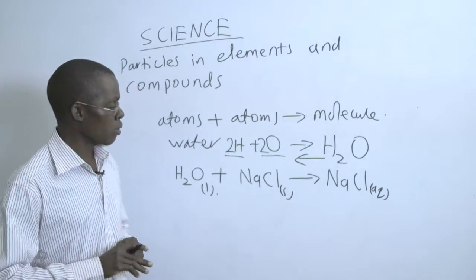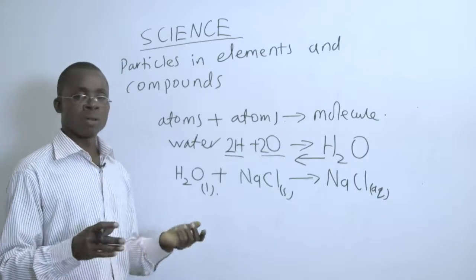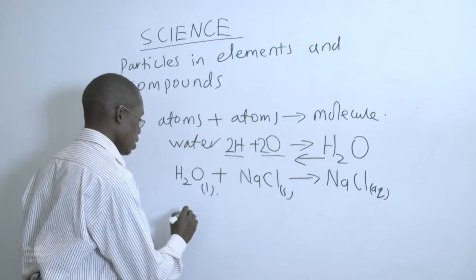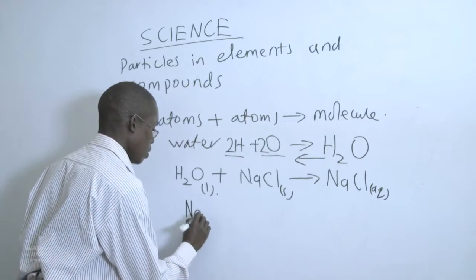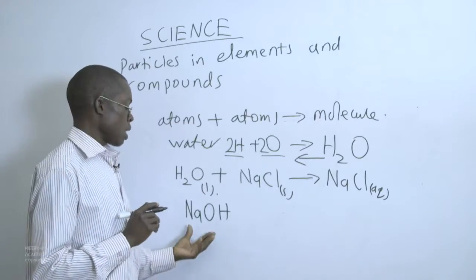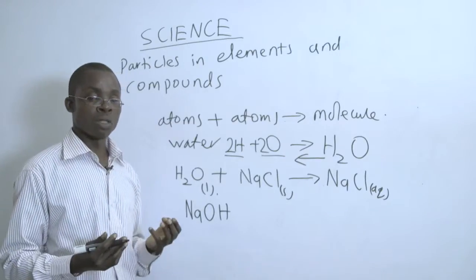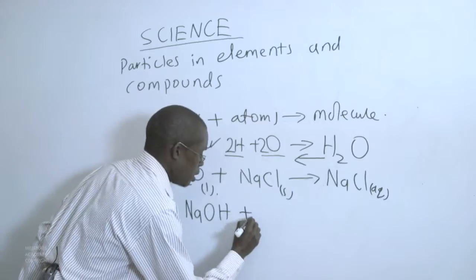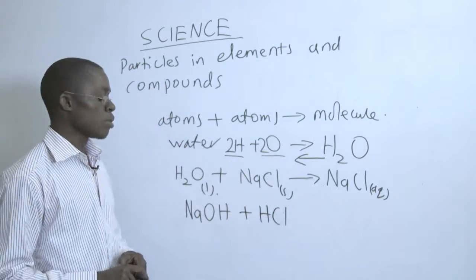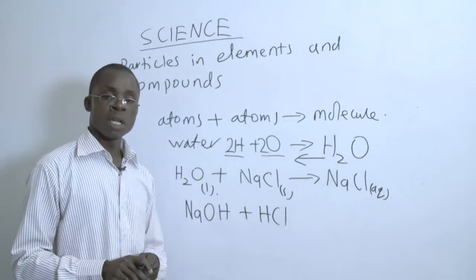But we can also look at another one, a compound like sodium hydroxide, which is an alkaline solution, a basic solution. I can react it with our common acid, which I mentioned is found in our stomach, that is hydrochloric acid.